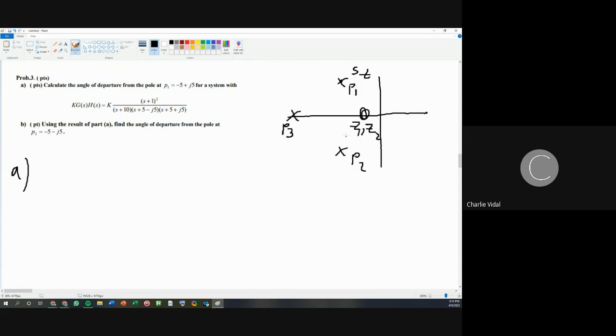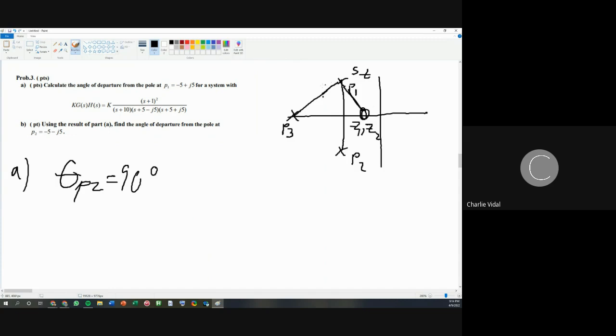So theta P2, that is just right below it, so it's 90 degrees. Theta P2, 90 degrees. I didn't draw all the lines, but that's fine. Okay, and then there's this one. So remember what I said before, that if the line is obtuse, then you do 180 minus the tan inverse.